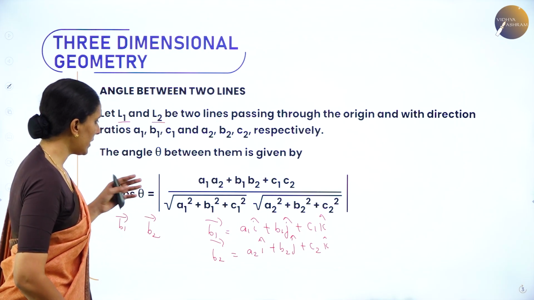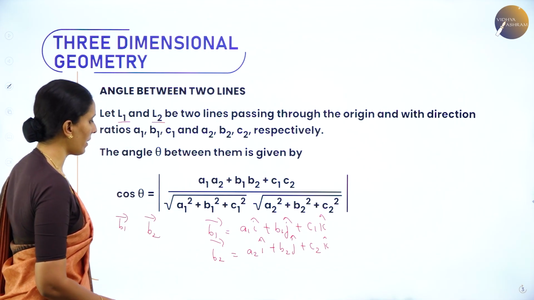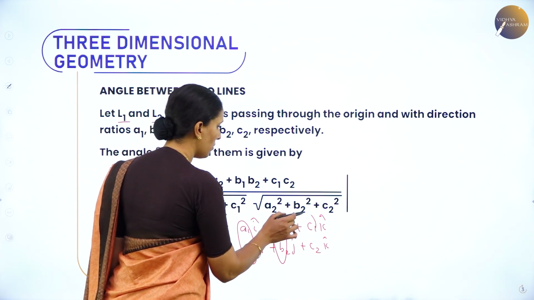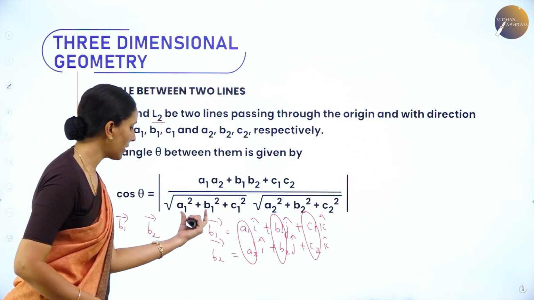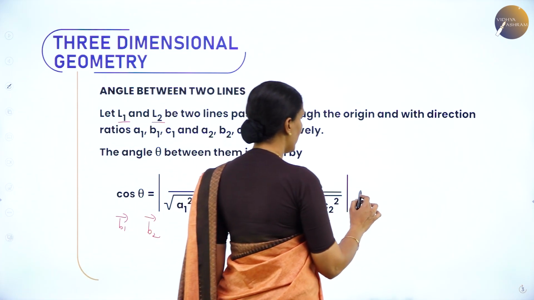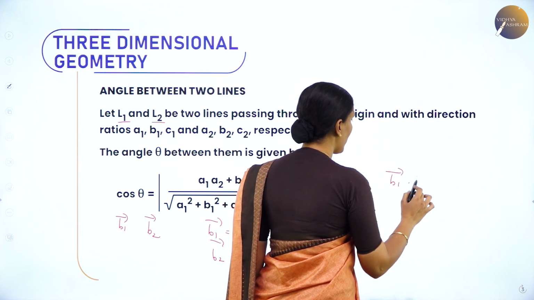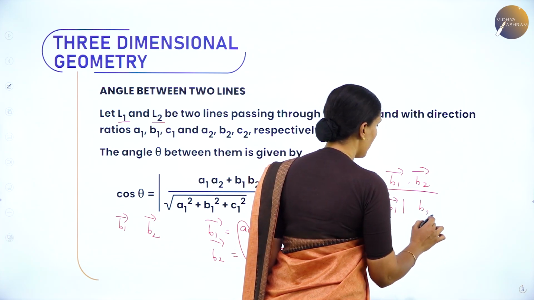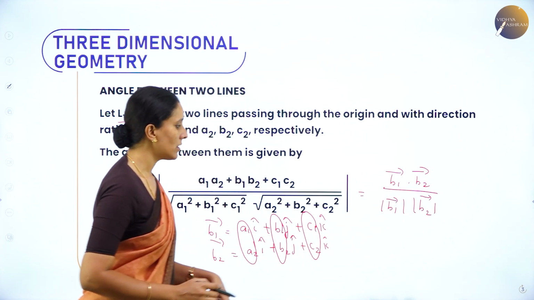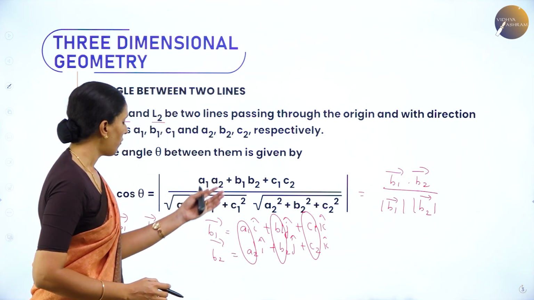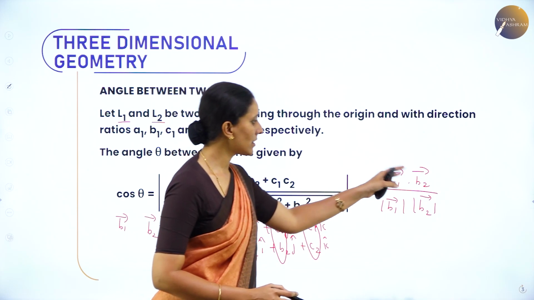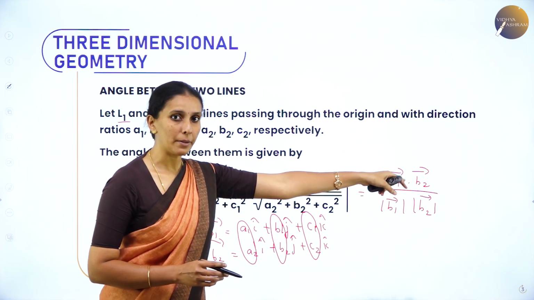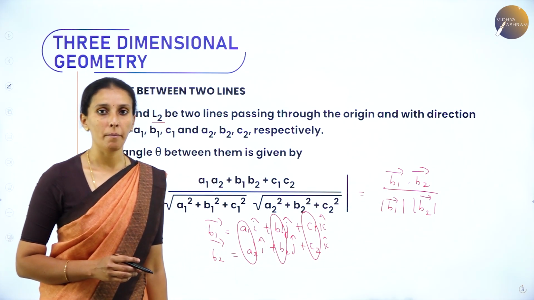Then the angle between these lines is given by the dot product of b1 and b2, that is A1 A2 plus B1 B2 plus C1 C2, divided by the magnitude of b1 and the magnitude of b2. This can also be written as vector b1 dot vector b2 divided by the magnitude of b1 and the magnitude of b2. This is the Cartesian form of cos theta and this is the vector form. Simply, it is the dot product of vectors b1 and b2 divided by their respective magnitudes.